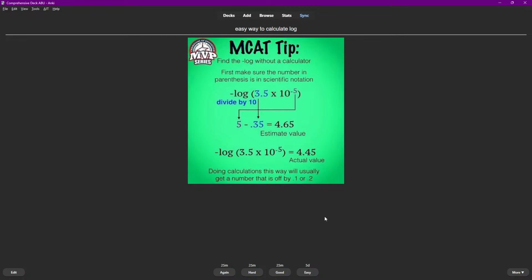If we have log, do we always subtract it? I don't know if we always subtract it. Let's say log of 1.6 times 10 to the -6.